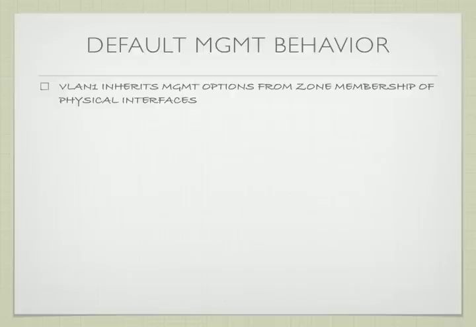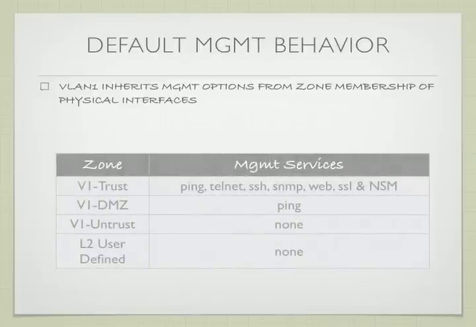But in addition to that, now each zone is going to have management services options. So here are the default assignments for those existing zones: V1 Trust, DMZ, and Untrust. V1 Trust has all of the services on for the zone. Now they still have to be enabled on the interface VLAN 1 to work. It's a both and thing.